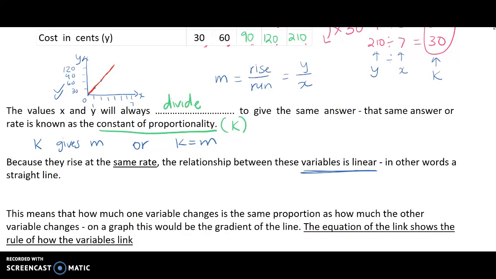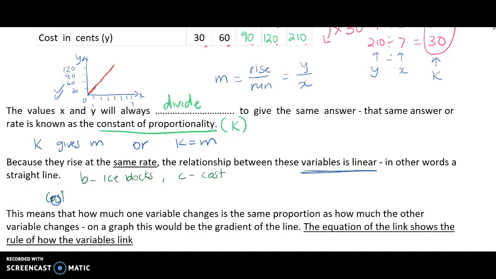So what this means is that how much one variable changes is basically the same proportion. And the equation that we get, if you have a look at the ice block example, we had B as the ice blocks, and we had C as the cost. So how did we find our cost?